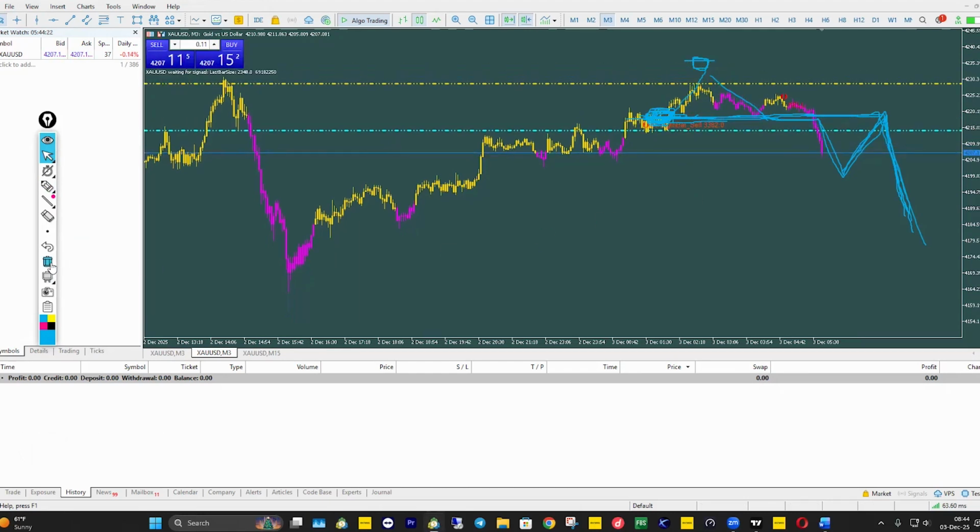Right? So again, we said that this line here stands for support, stands for higher high, stands for supply, sorry, and also stands for a lower high. Now, what happens when the market breaks our higher highs?